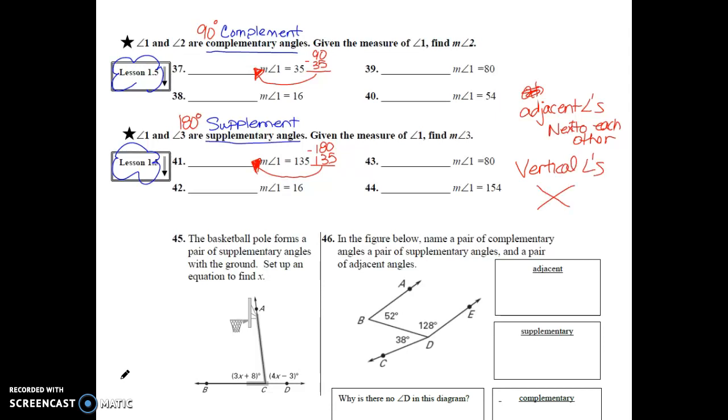Those are the angles that make a linear, make the X, and they are across from each other. And you also have linear pairs, and those are angles that are next to each other on a straight line. So they can be here and here, or here and here, depending on how the diagram is drawn. They are always the two angles next to each other on a straight line.